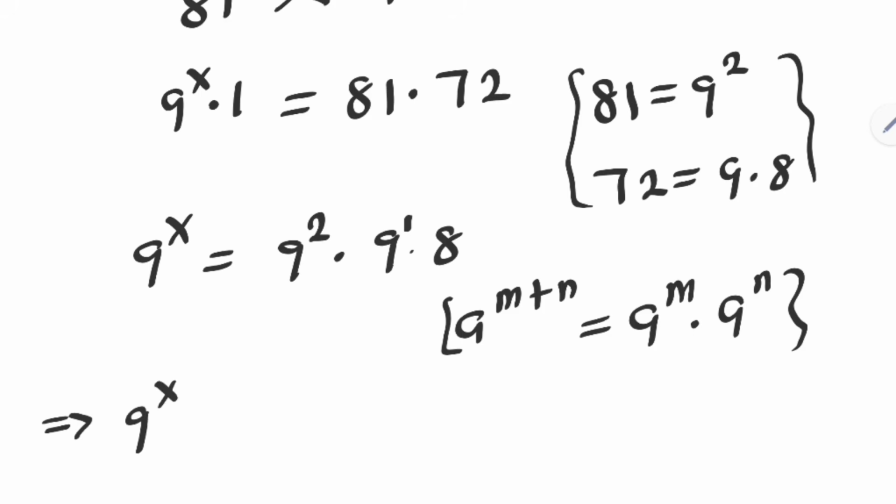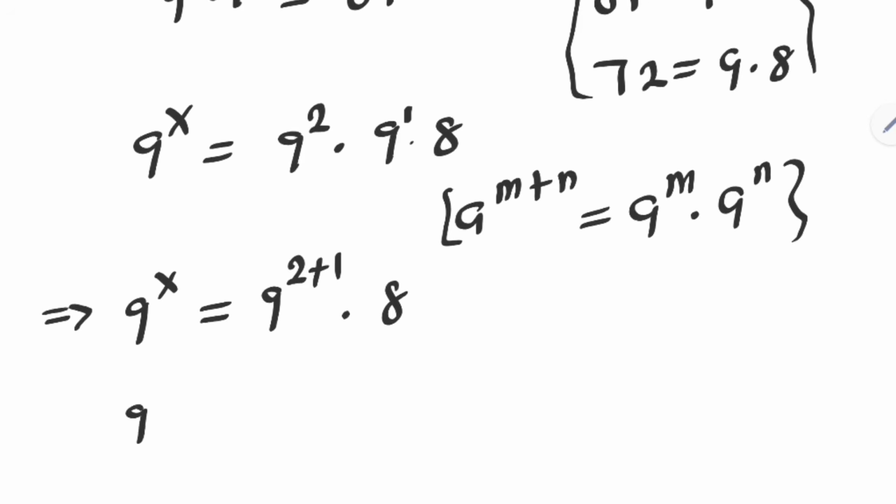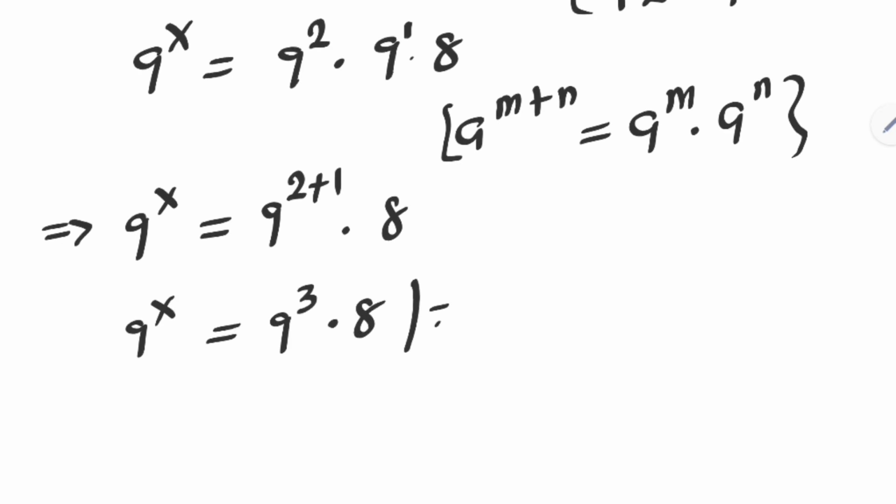9 raised to power x is equal to 9 raised to power 2 plus 1, multiplied by 8. 9 raised to power x is equal to 9 raised to power 3 multiplied by 8. Now let us divide the whole of this equation by 9 raised to power 3.